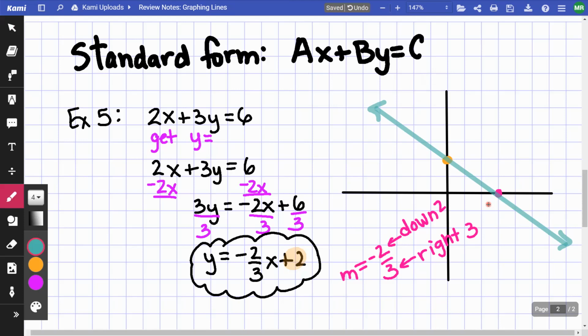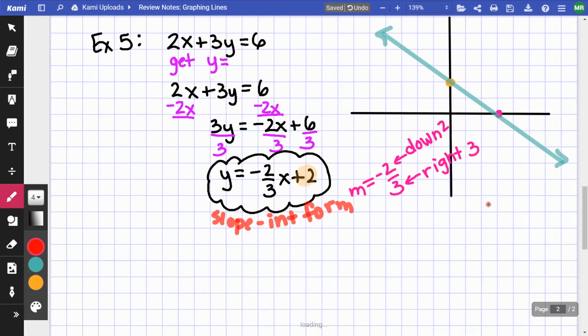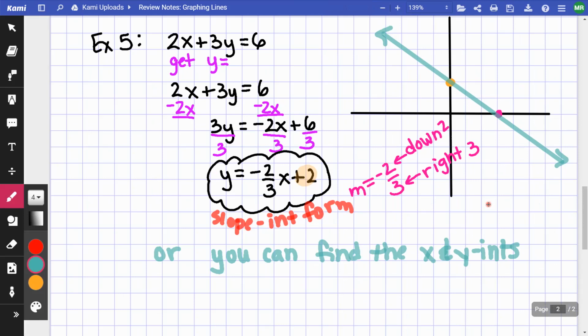Now, that was me getting it into y equal form, the slope-intercept form, like the very first problem. Well, let me say I rewrite this example. Or, you can find the x and y intercepts, and I'm going to call that the cover-up method.